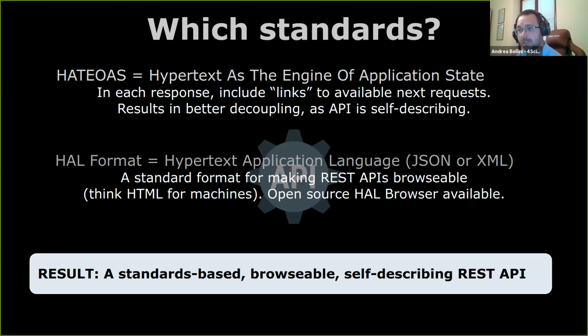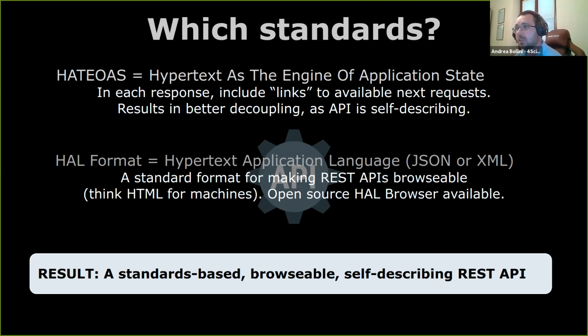So if you get a list, you can get a link to get the detail of a specific element or things like that. And to enable this capability, we have decided to adopt the HAL format. This is a specific format that can be implemented both in JSON and XML. We stick to JSON for the DSpace 7 REST API, and it defines a specific syntax that is used to highlight such links.